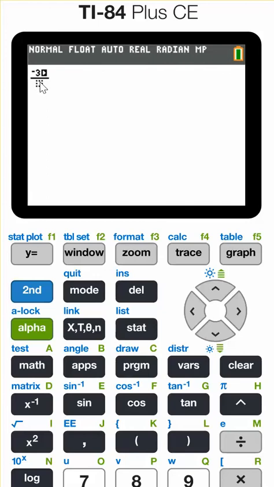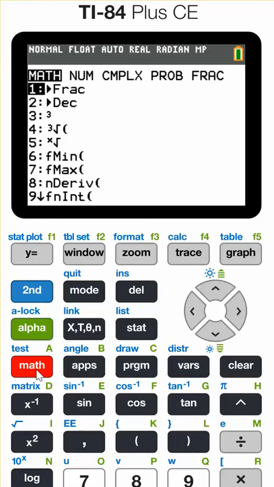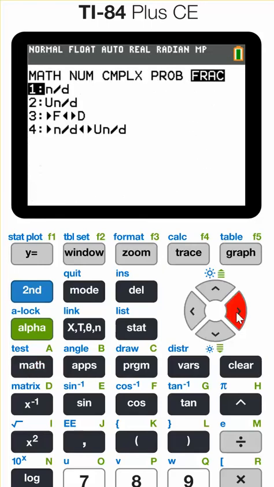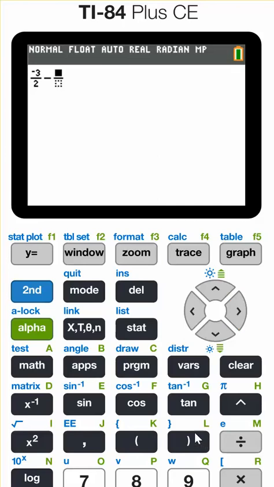You could put the negative out in front of the fraction or in the numerator, it doesn't matter, minus 1/4, so again, math, and we'll go over to the fraction button and hit enter and put in 1/4. Notice I'm using the arrows to put this in. And let's hit enter, and notice that's a little bit nicer, but you may or may not have that feature.